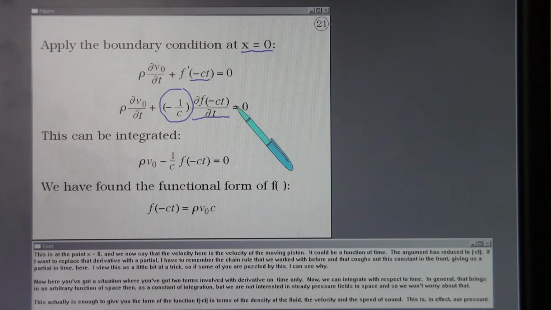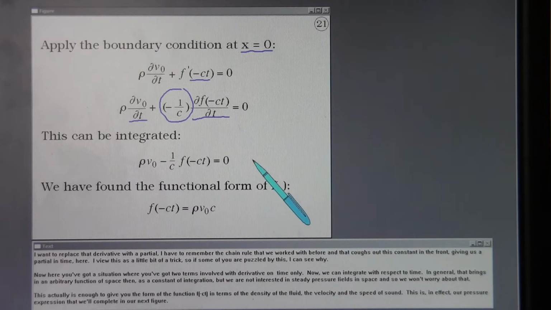Now here you've got a situation where there are two terms involved with a derivative on time only. Now we can integrate with respect to time. In general, that would bring in an arbitrary function of space as a constant of integration, but we're not interested in steady pressure fields in space, and so we won't worry about that.